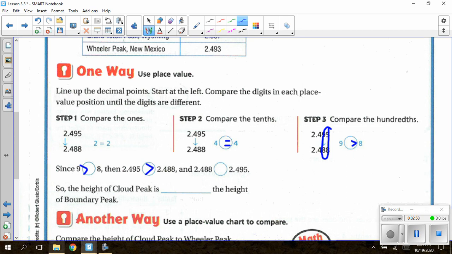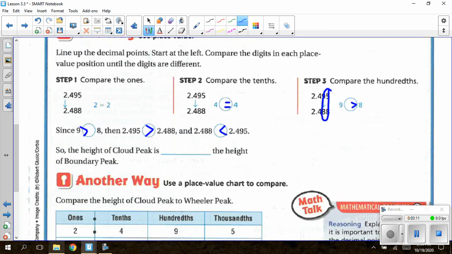Or if you wanted to write that in reverse, the 2 and 488 thousandths would be less than the 2 and 495 thousandths. So that means the height of Cloud Peak is greater than the height of Boundary Peak.